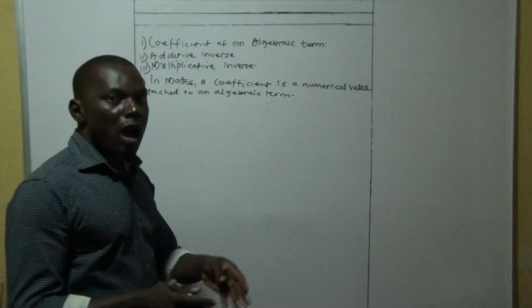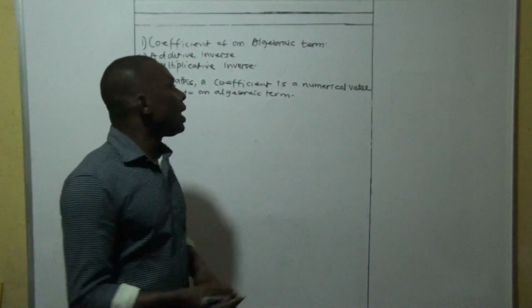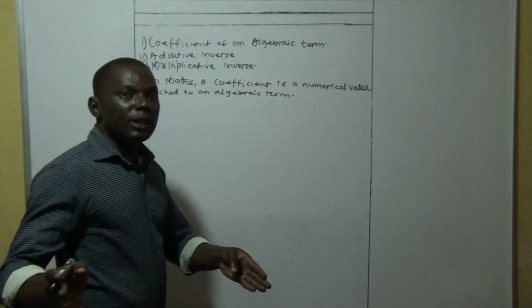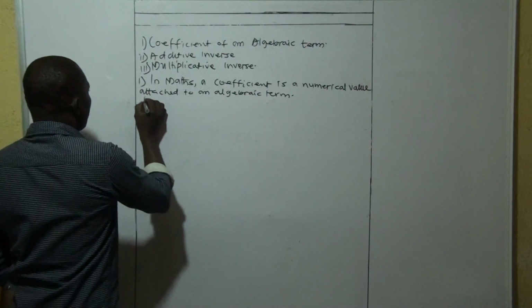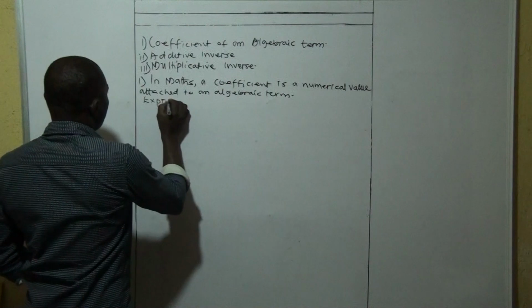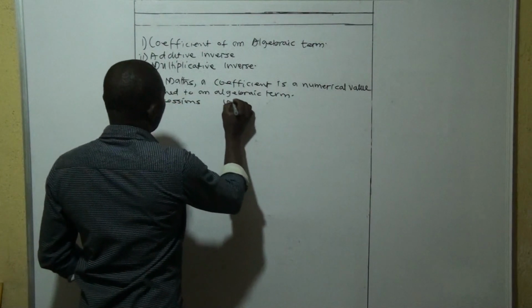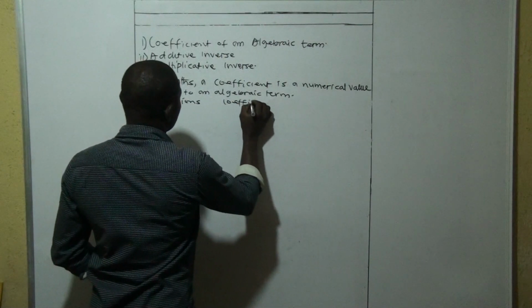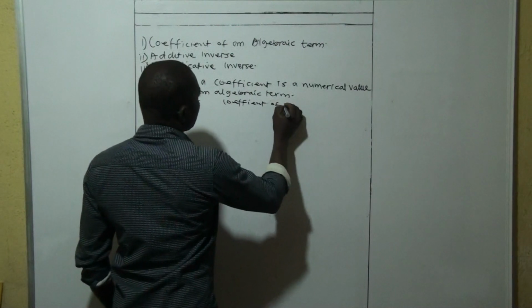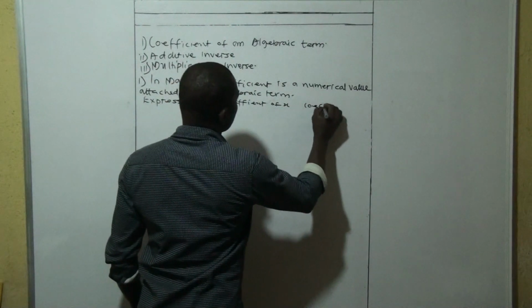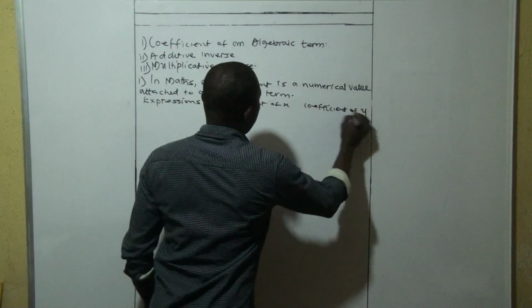Let's trace our illustration. How do we identify a coefficient in an algebraic term? Let's have here expressions, coefficients of x, and then we also have a coefficient of y.